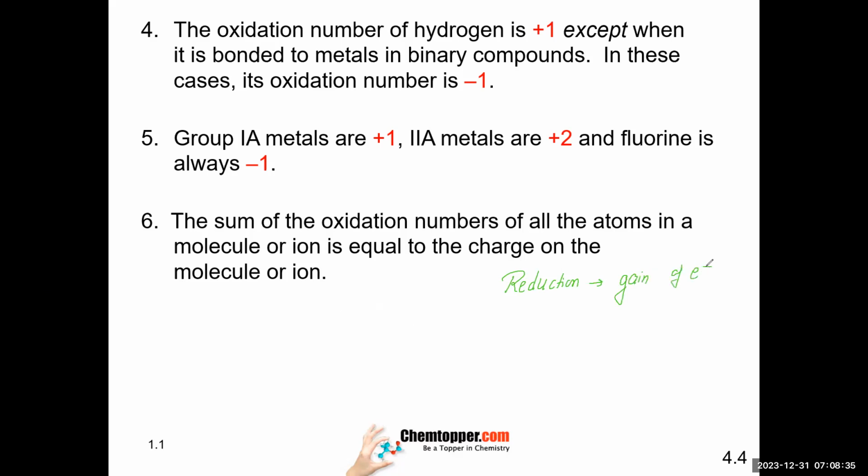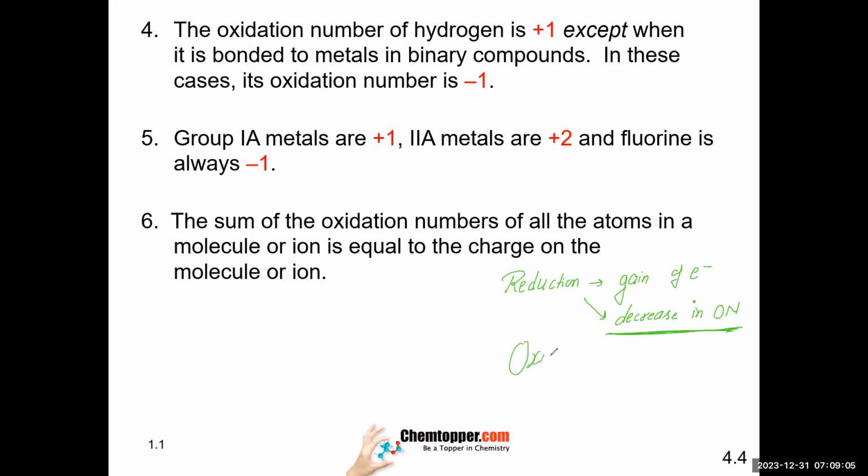But when the atom is gaining electrons, it's acquiring a negative charge, correct? A negative charge means low oxidation number. So reduction is also decrease in oxidation number. Please write on this. Decrease in oxidation number means the oxidation number is becoming more negative.